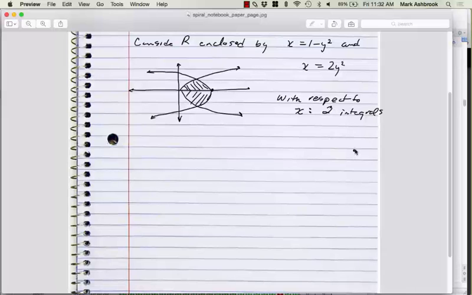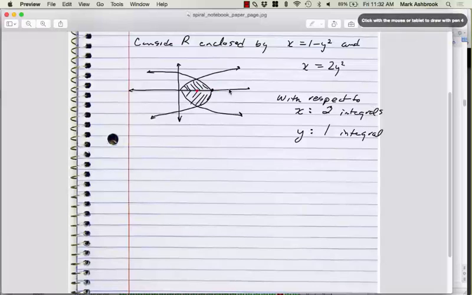Is that the way to go? All we need to do is get the area. Is x the way to go? What about with respect to y? Just one integral, right?